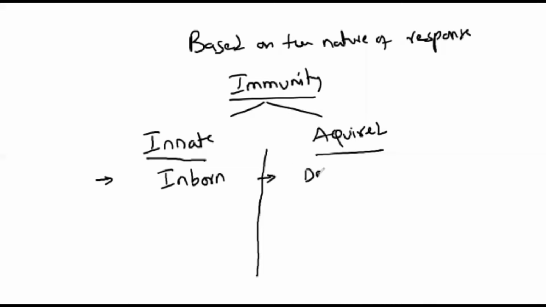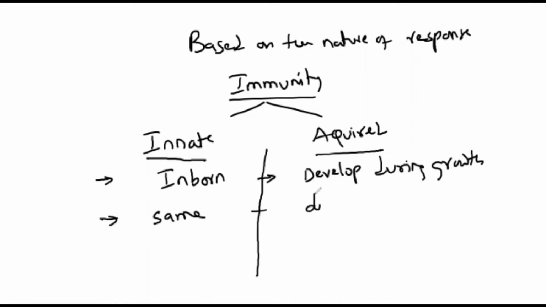Acquired immunity develops during the growth of the animal. Innate immunity is the same in all the individuals of a species, while acquired immunity is different in different individuals of the same species.